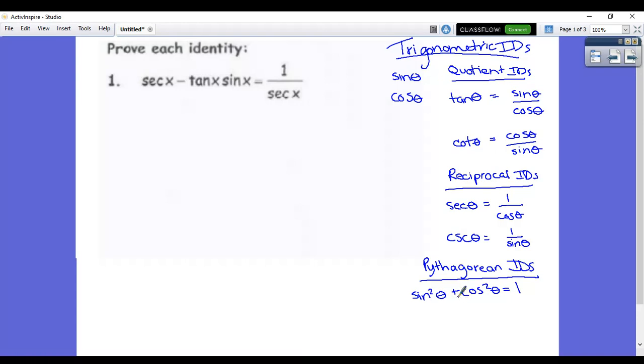The secondary one is 1 plus cotangent squared equals cosecant squared. So I have to think in my head. And then the third one is tangent squared plus 1 equals secant squared.